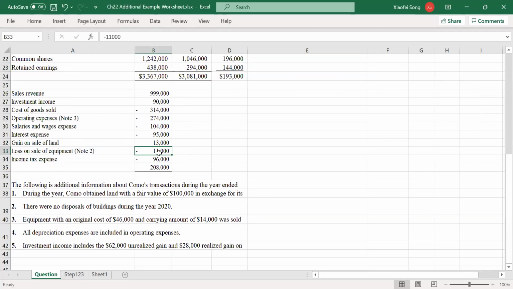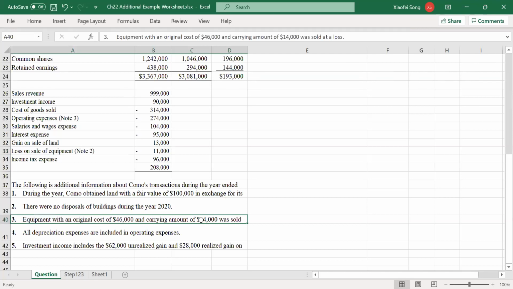So how much is this equipment sold for? Could we tell? Only 3,000, right? Because the carrying amount is 14,000 and there is an 11,000 loss. So the equipment is sold for only 3,000.